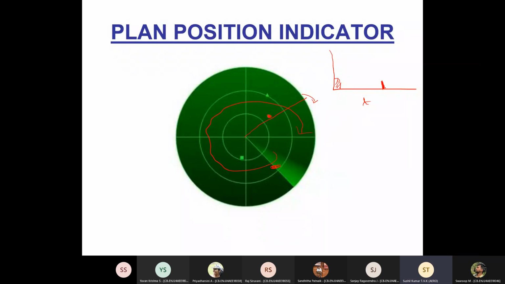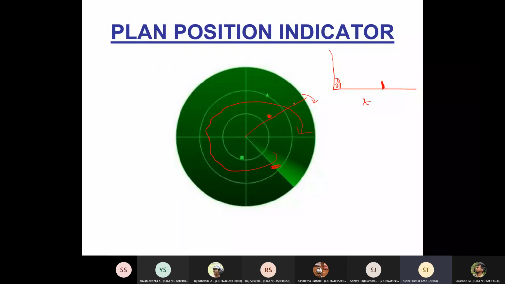So the moment this blip comes, this gets illuminated. But now the raster itself is moving. After a fraction of a second, it has shifted its position. Okay, and again it will be doing the same thing, transmitting a pulse. Every time it gets reset.